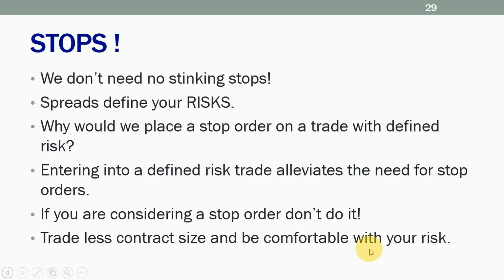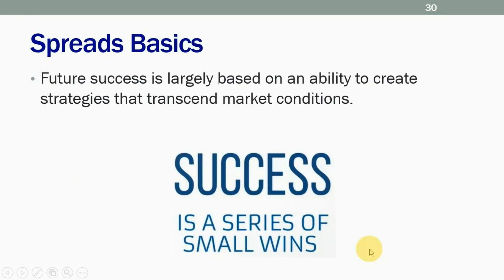Now, spread basics. Finally, we're starting to get somewhere, people. Future success is largely based on the ability to create strategies that transcend market conditions. We often talk about different market conditions. I'm in a bull market. I'm in a bear market. I'm in a pig market. I like to just come up with more and more animals in here.